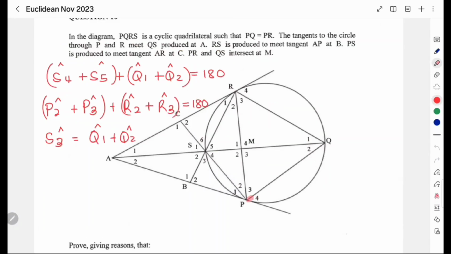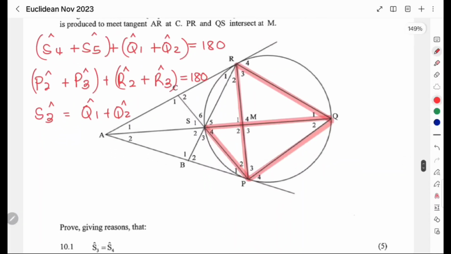We can also see that PQ subtends the angle S4 and the angle R3 at the circumference. So here it is going to be S4 is equal to R3.